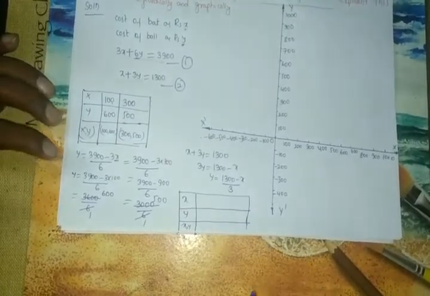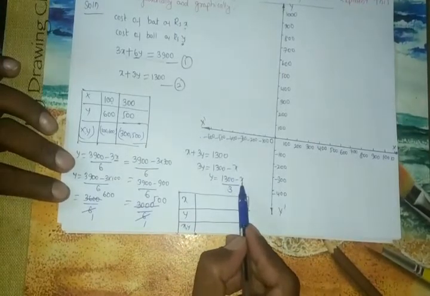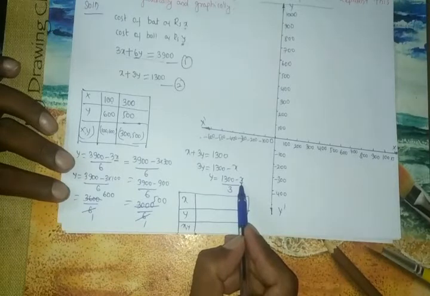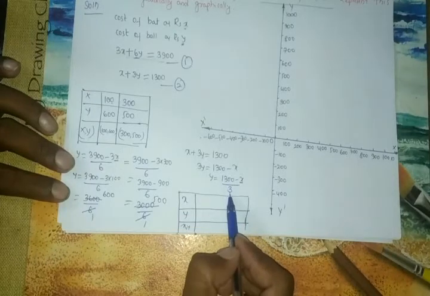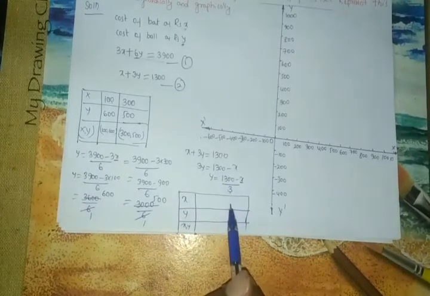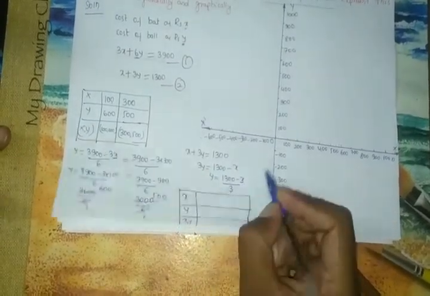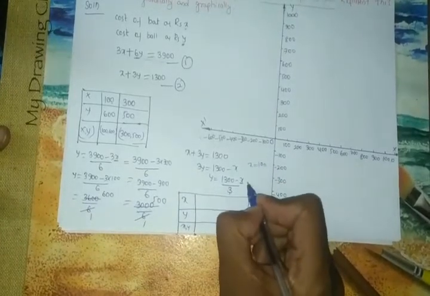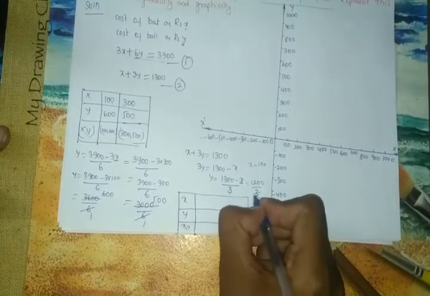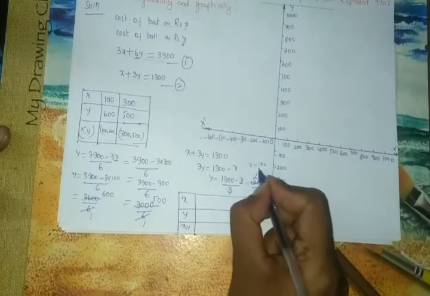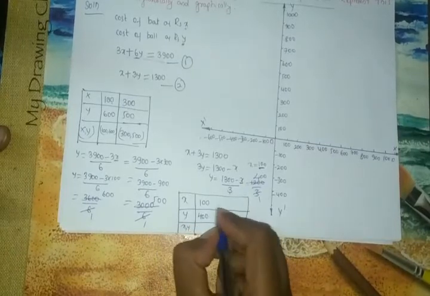So I have to put the value of x. If I put the value of x as say 300, I will get 1000 divided by 3, which is not divisible by 3. Let me take the value of x as say 100. So I will get 1300 minus 100, it will be 1200 divided by 3. So 3 fours are 12, 400, which means when x is 100, y is 400.